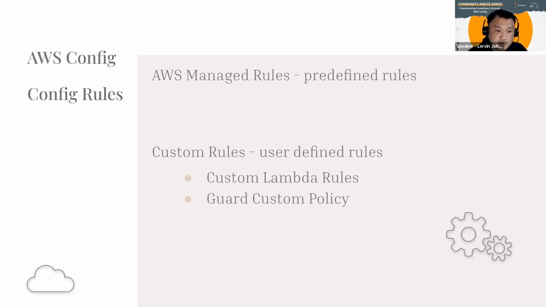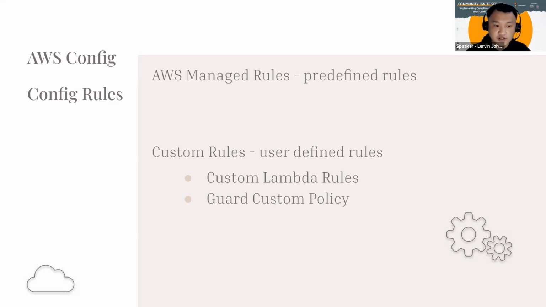So for custom rules naman, these are user defined. For custom Lambda rules, si user yung magde-define ng Lambda function which will be associated to the custom rule. And another custom rule is the Guard custom policy. Guard is a policy-as-code language you can use with AWS Config.